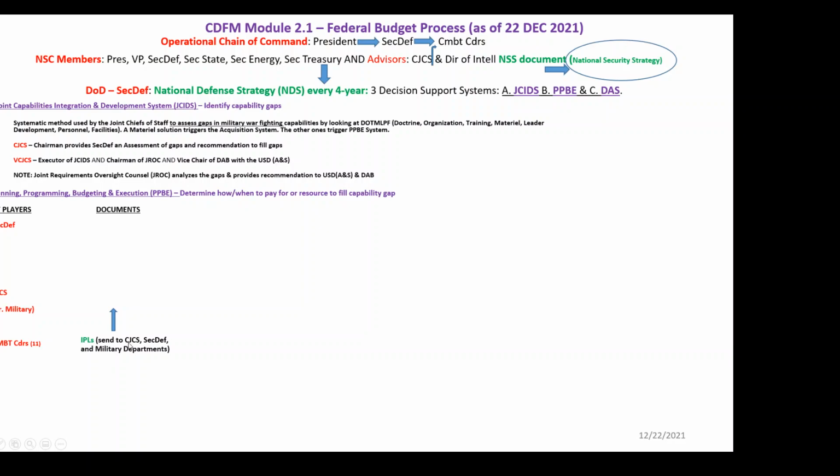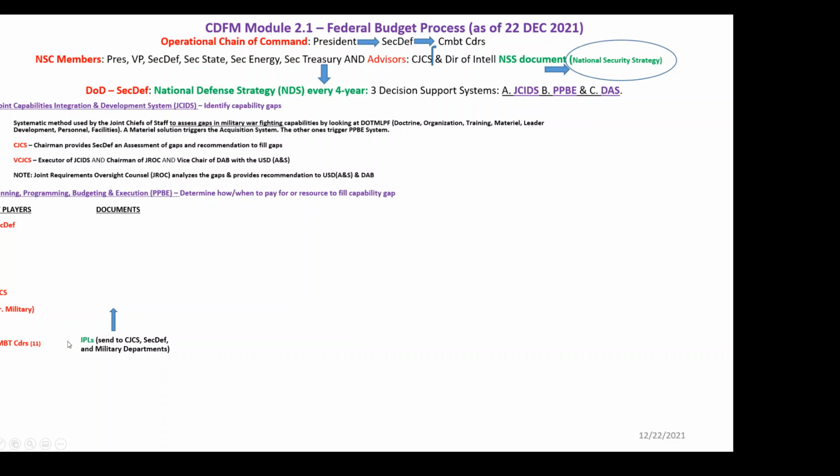It tells you here, they send a copy to the chairman of the Joint Chiefs of Staff. They send a copy to the SecDef, and they also send a copy to the military departments. If it's an Army asset, they send a copy, a heads up to the Army, saying, hey, this is what we're requesting. If it's an Air Force asset, so which military department is going to be tagged to provide this equipment?